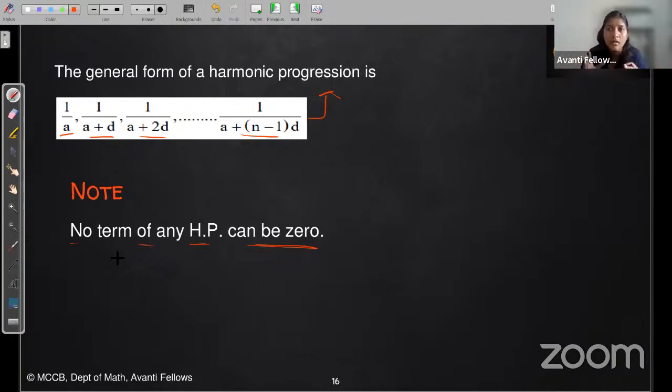So in that case, the AP will not be defined. That's the reason no term of HP should be 0. Is it clear to you all? Any doubt in this? If there is no doubt, we'll go to the next part.